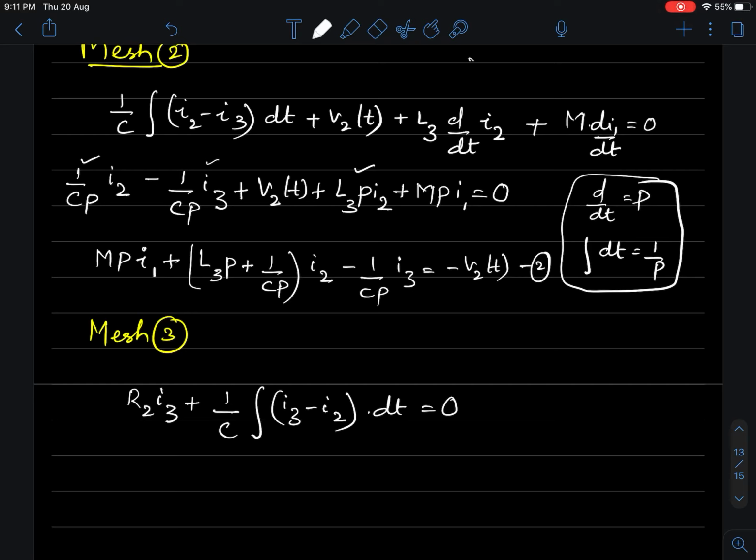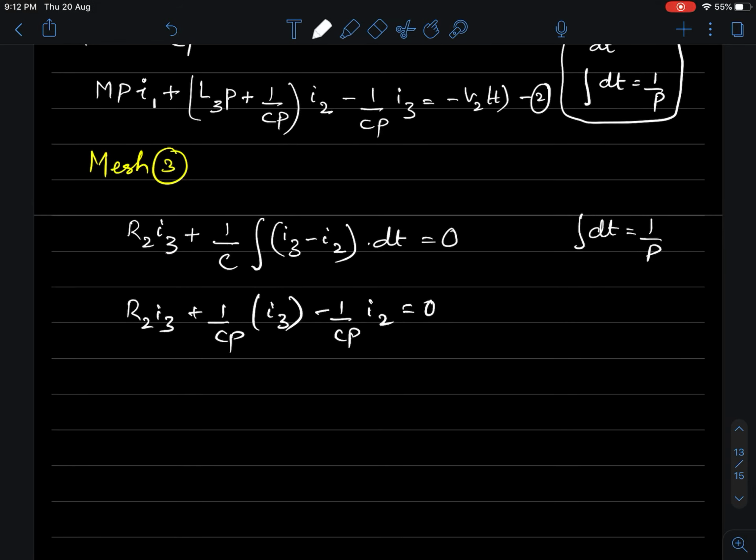I'll do the same substitution. For integral dt, I'll put 1 by p. Okay, then I'll group the terms. I will write it as R2 I3 plus 1 by Cp into I3 minus 1 by Cp into I2 equal to 0.